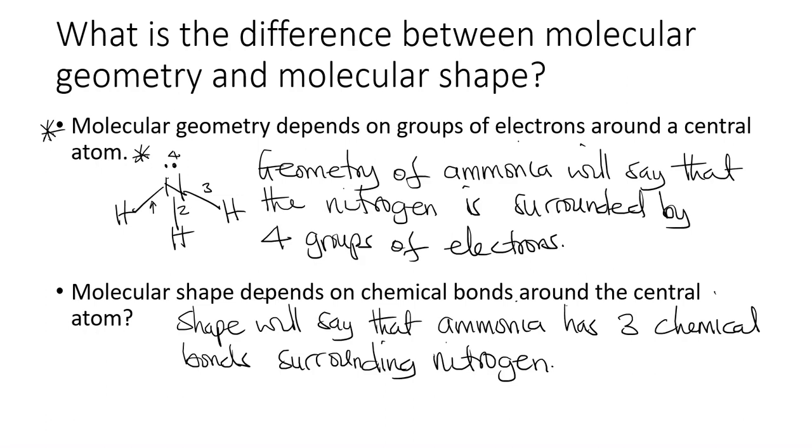So really, shape focuses on how many chemical bonds are surrounding the central atom, in this case nitrogen, while geometry focuses on how many groups of electrons are surrounding the central atom. So that's the difference between molecular shape and molecular geometry. And we'll look at this difference in detail when we solve some problems.